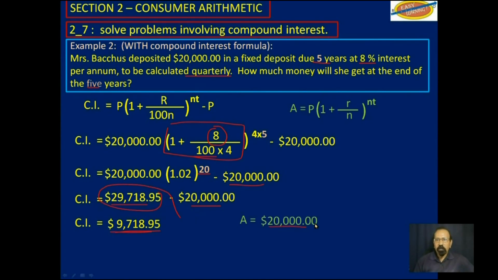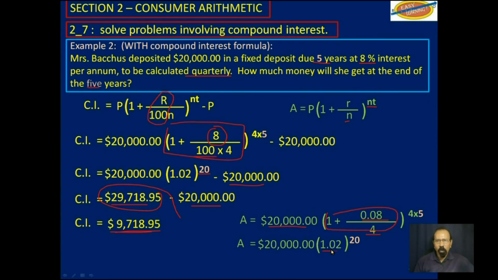Now, if you calculate the amount, we already know that we will get this. So it's 20,000 multiplied by 1 plus, now remember, we reduce this 8% over 100 to a decimal, so that will be 0.08. N, of course, is 4, calculated 4 times per year, close bracket, to the number of times calculated per year times the amount of years. And so you work that out. This part in here works out to be 1.02.